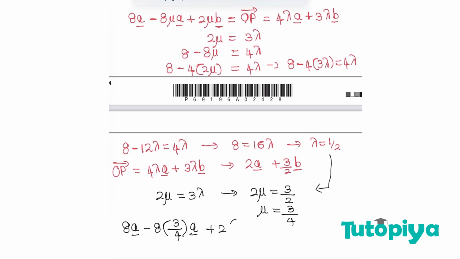So, I can substitute into this expression for OP and see if I am getting the same answers here. So, 8 minus 6, so that is 2A there, and 6/4, which is 3/2B. So, that again simplifies to 2A plus 3/2B. Therefore, my answer is correct.